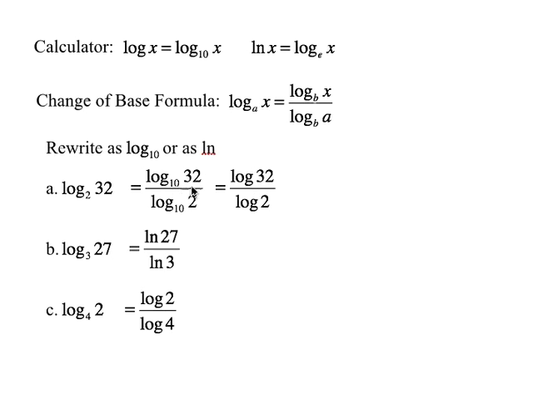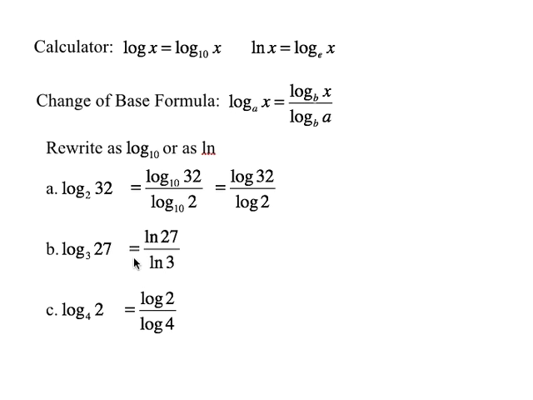We don't have to write the 10, we can just write log of 32 over the log of 2. This could just as easily have been natural log of 32 over natural log of 2, and would give us exactly the same answer.